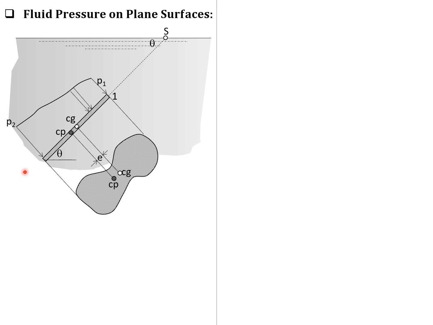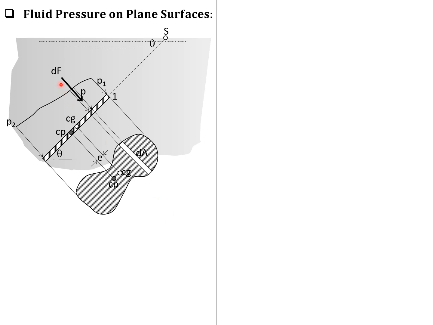So since pressure is not uniform, we consider only a differential area, which is parallel to this line here, so that the pressure over that area, a very small area, is constant from the previous principle. So the intensity of pressure is denoted by P, and this is the differential area over which this uniform pressure P acts.